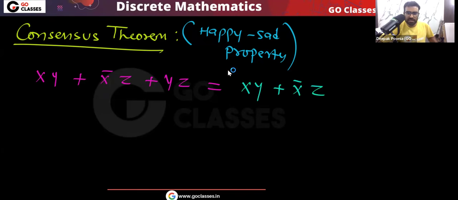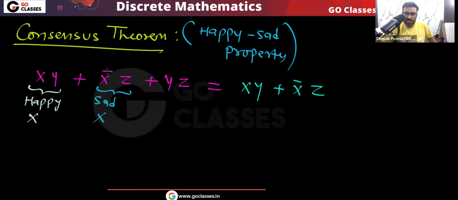Why am I calling it the happy sad property? Because here you can focus on x. In the happy times of x, y was there with x. In the sad times of x, z is there with x. And here y and z are doing a conspiracy against x, meaning when there is no x, these people are together.